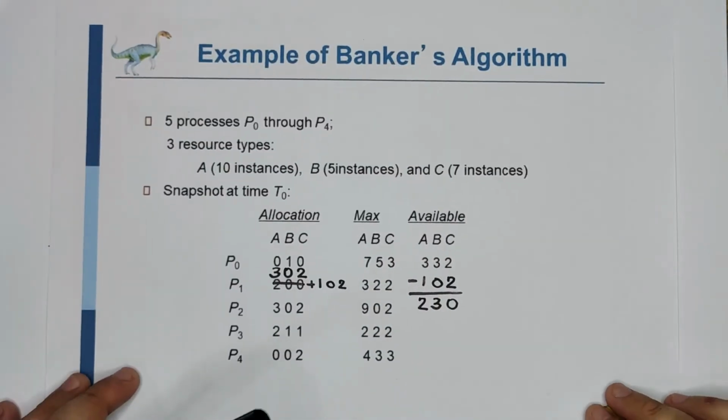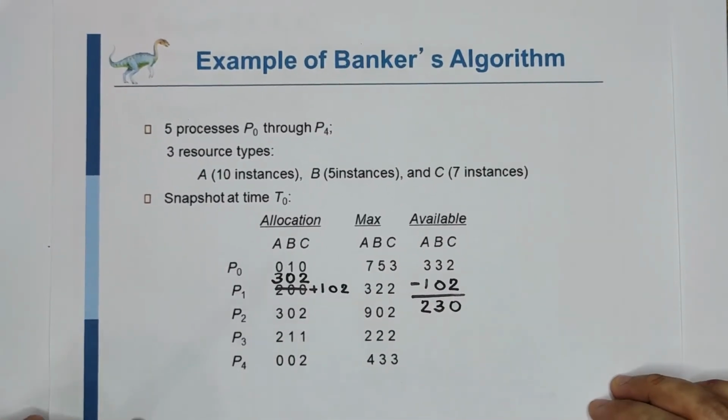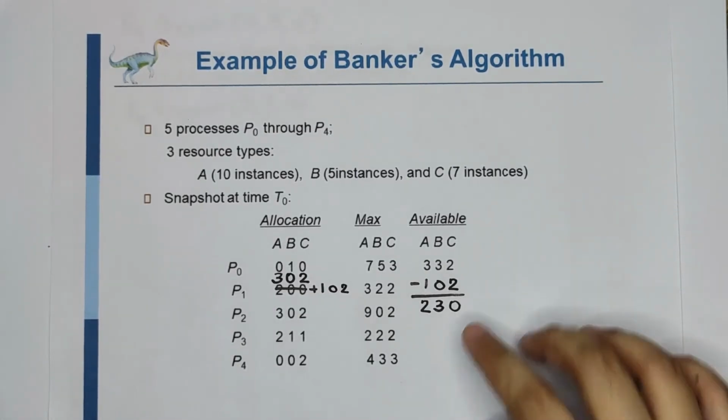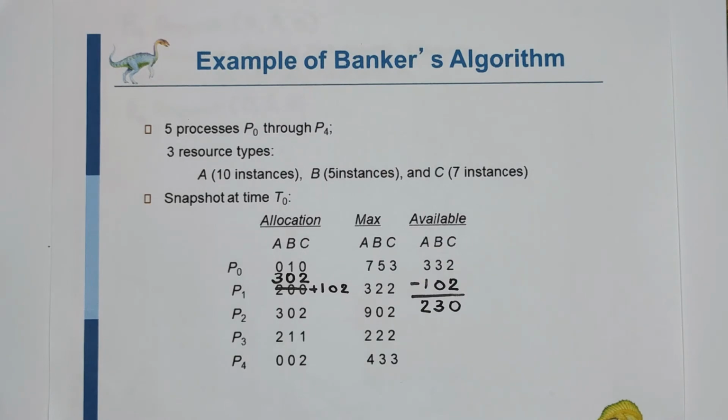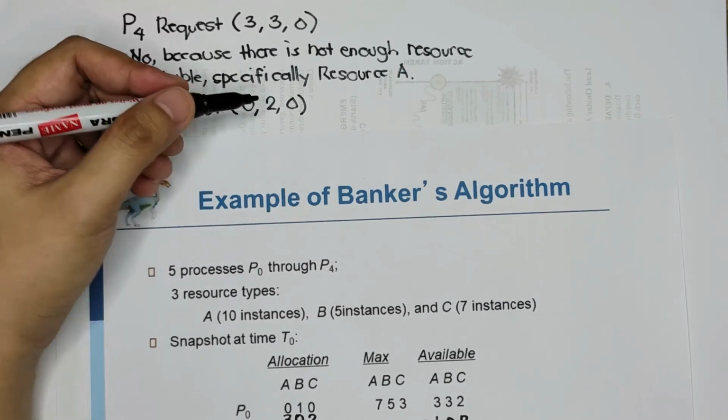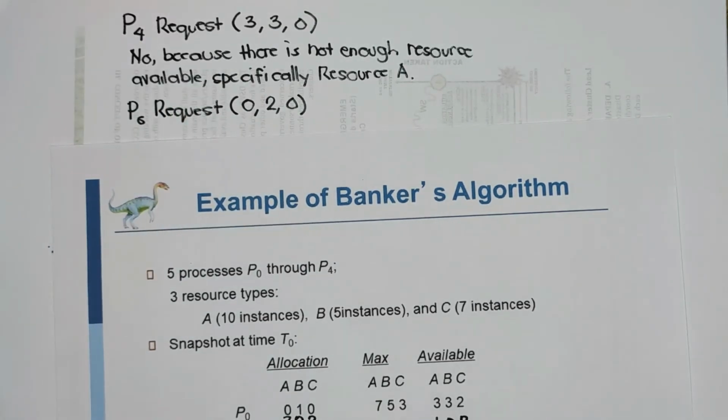So let's check again our available resource values. So we have 2, 3, 0. P sub 0 asks for an additional 2 instances. Can it be granted? Actually, it can be granted. So what are we going to do if it can be granted?